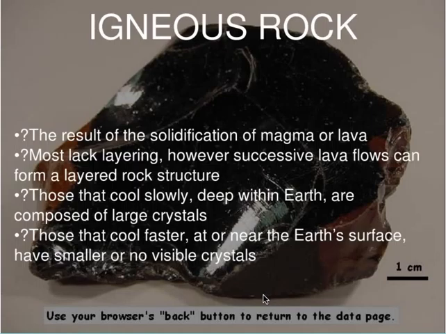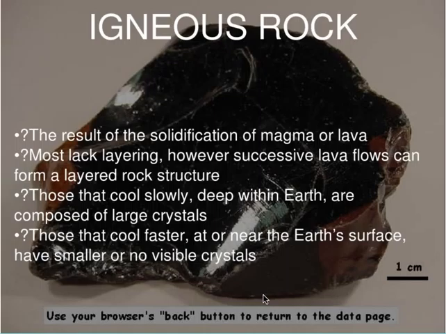Next, this rock, the result of solidification of magma or lava. Most lack layering. However, successive lava flows can form a layered rock structure. Those that cool slowly deep within the earth are composed of large crystals.